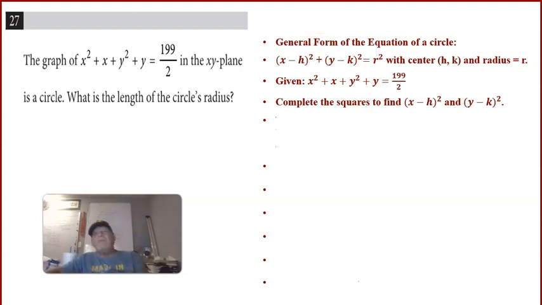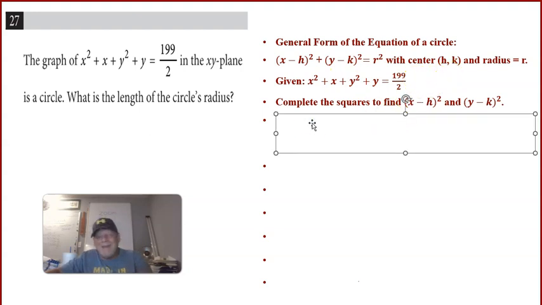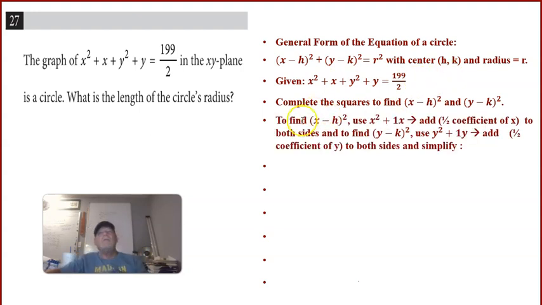So we have to talk about how I complete the square on the x terms, which is x squared plus x, and then how I complete the square on the y terms, which is y squared plus y. And then whatever I have to add to each of them, you also have to add to the right side. And that is the strategy we're going to use.